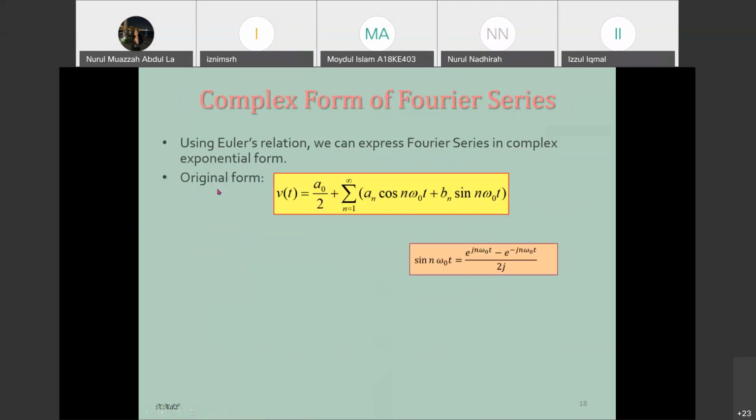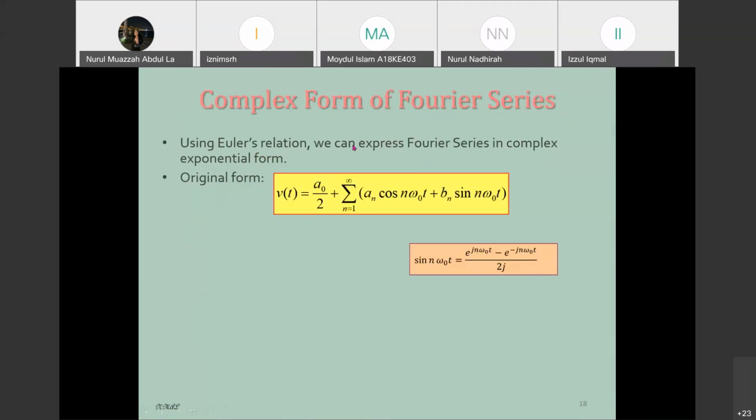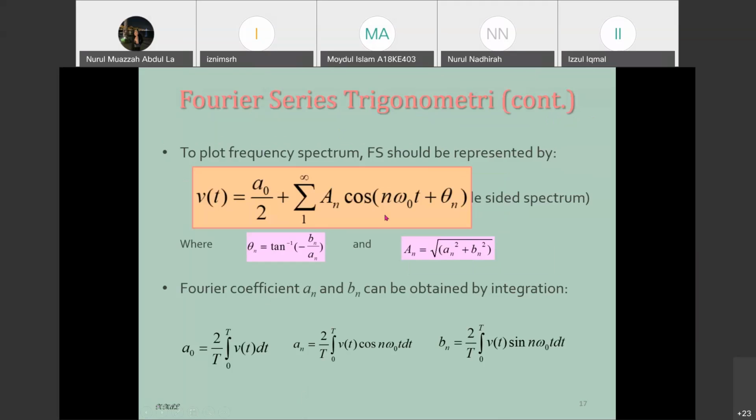Using Euler's relation, we can express Fourier series in complex exponential form. Okay, remember when you write in terms of this, you actually write the equation in terms of Fourier series trigonometry. But you can also represent the Fourier series in trigonometry form into complex form, because for trigonometries, you can only plot single-sided spectrum.